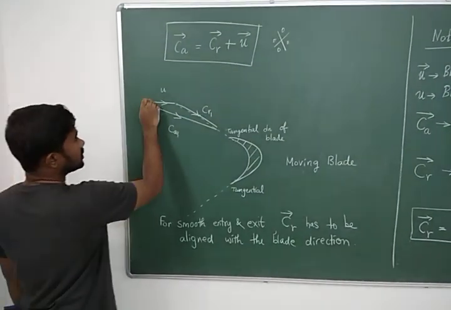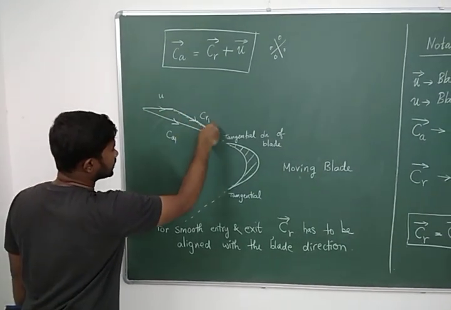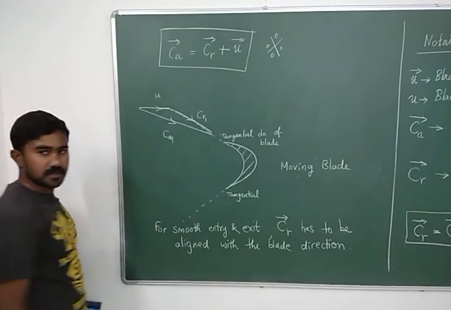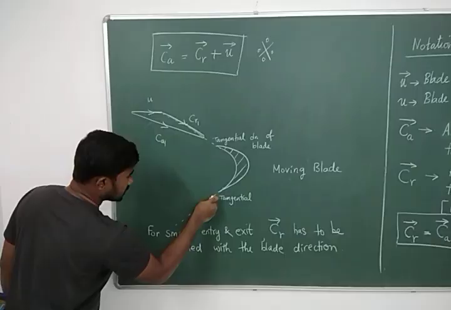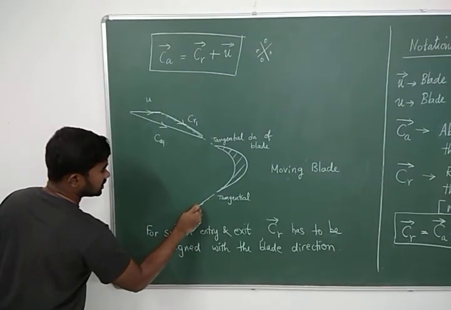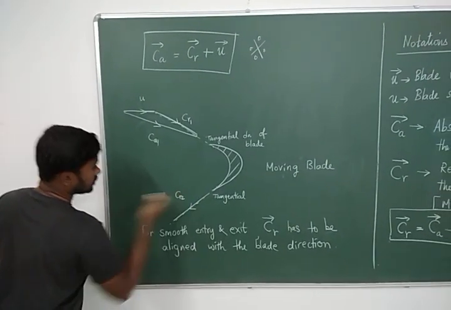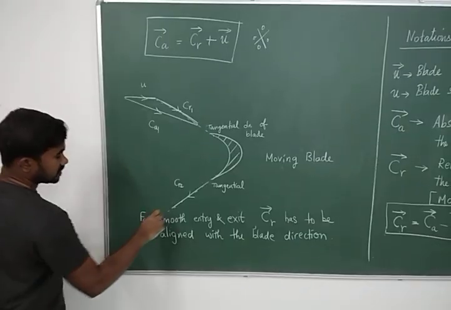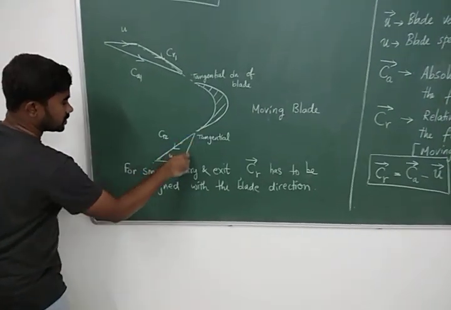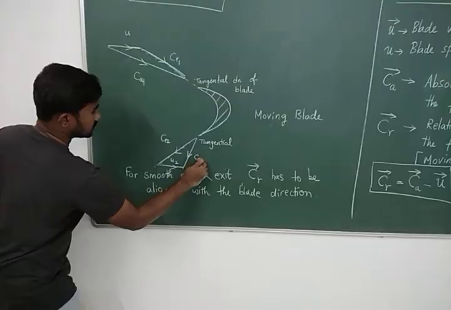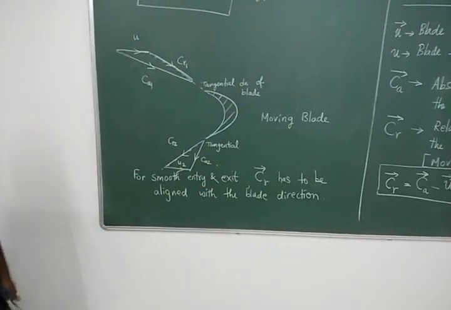Using triangle law, this vector plus this vector will give me this particular vector. Okay. Now at the exit, this is CR2 and this is U2. So this will be CA2, using triangle law of addition.